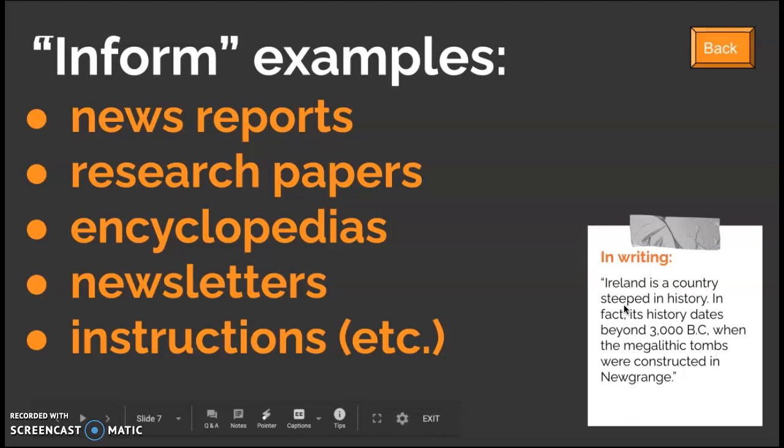Ireland is a country steeped in history. In fact, its history dates beyond 3000 BC, when the megalithic tombs were constructed in Newgrange. So this isn't trying to tell you that Ireland is the best country in the world, or that you should study Ireland, but it's just telling you information about this country.